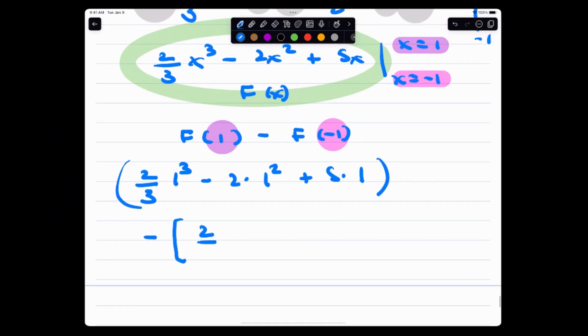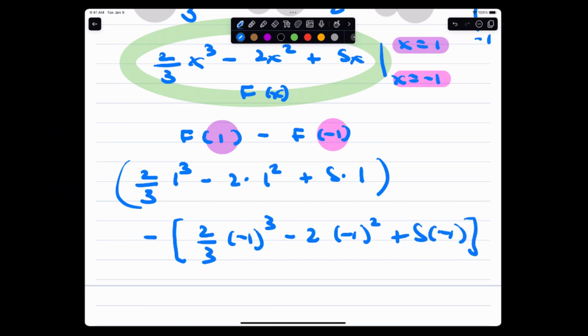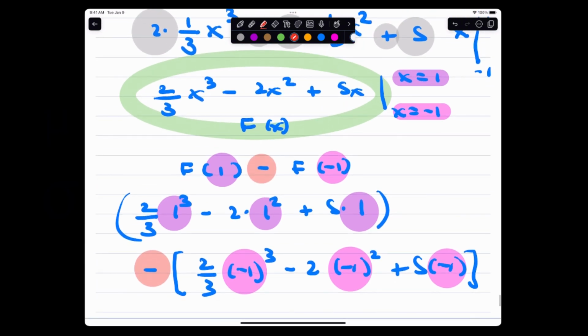Minus 2/3 -1 cubed minus 2 times -1 squared plus 5 times -1. So notice all the detail that you sometimes have to do. Here's my first limit of +1, the upper limit. The lower limit is -1. And don't forget, this has to be subtraction here. So you may have to use 2 lines. I got to use 2 lines here.